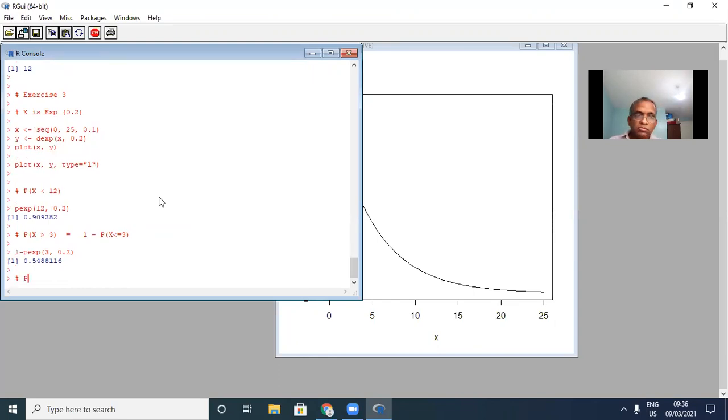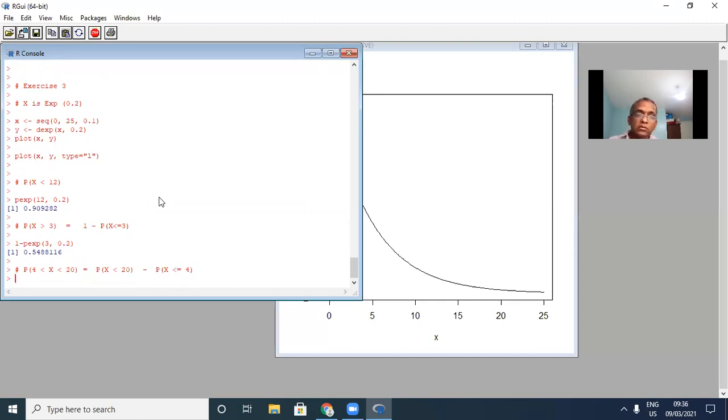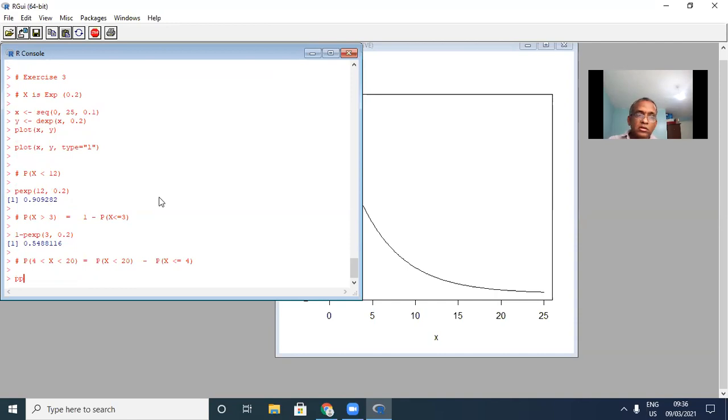Next, we want to find the probability that x is between 4 and 20, and this you can write as the probability that x is less than or equal to 20, take away the probability that x is less than or equal to 4. So in R, this will be pexp at 20 minus pexp at 4.